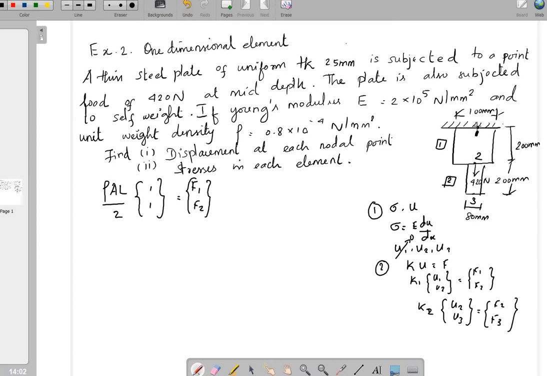So the displacement at node 1 is U1, 2 is U2 and 3 is U3. The force at node 1 is F1, node 2 is F2 and node 3 is F3. So by solving these equations, you can find the displacement.